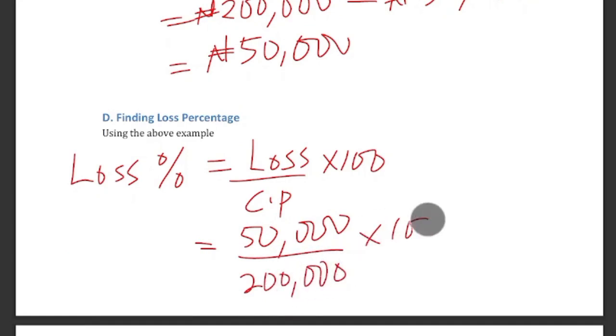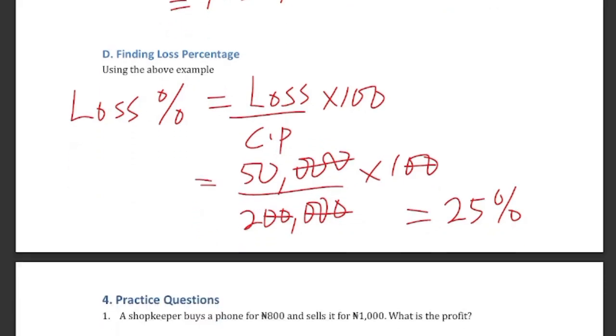Multiplied by 100. So this 0 cancel this 0. This 0 cancel this 0. So we have 50 divided by 2. So that gives us 25. Then it's percentage. Put percentage there. I hope this is very clear. So if that is clear, then move to the next one.